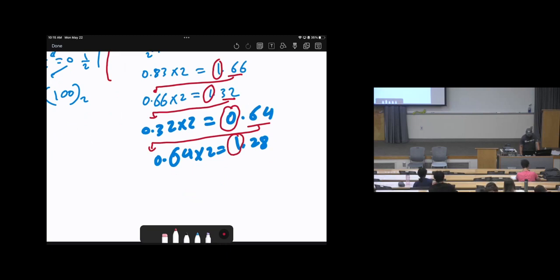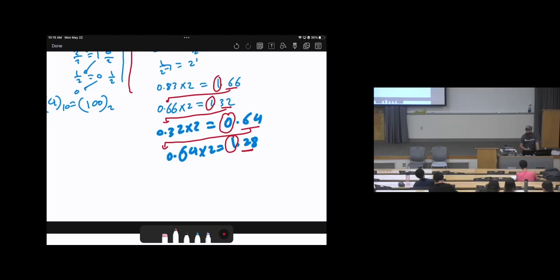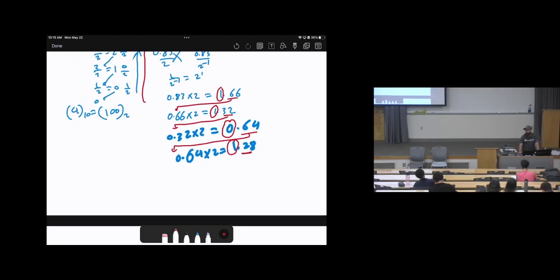And so on. We will keep doing this until reaching 0 in this part. Sometimes, with numbers like this one, it will take so long. I'm not sure if it goes on infinitely, but if we have these kinds of questions, you can stop at 3 or 4 bits. We already calculated 4 bits here, and the residual is 0.28, so we don't want to keep going.